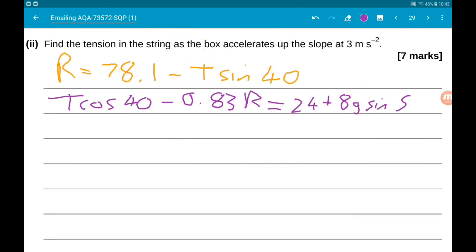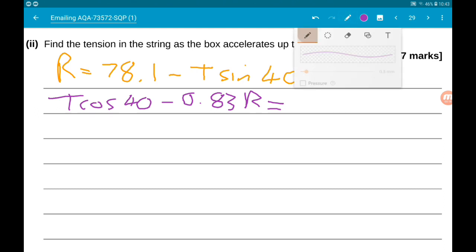Okay, so now, would you believe it, we need to solve these two equations. So, in the second equation, on the right, 24 add 8g sine of 5 is 30.8. Okay.